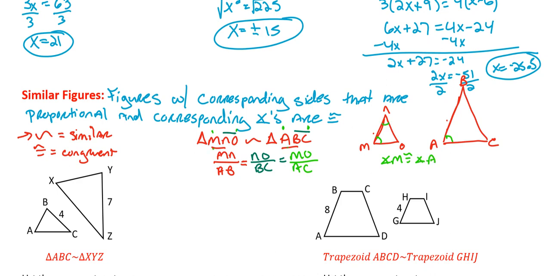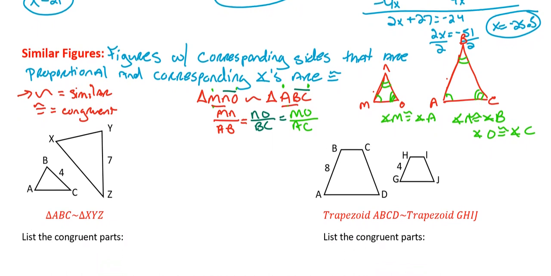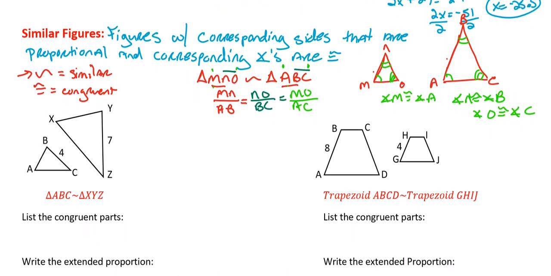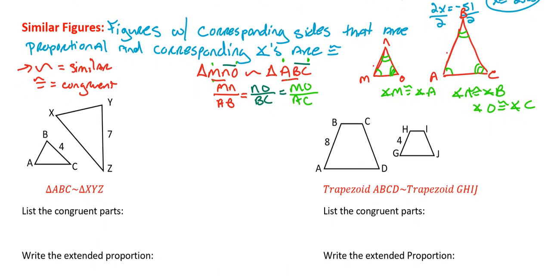Angle N is congruent to angle B, and angle O is congruent to angle C. That is taken directly from the definition. If figures are similar, we know the corresponding sides are proportional, and the corresponding angles are congruent. That's immediately what we can take from the definition.